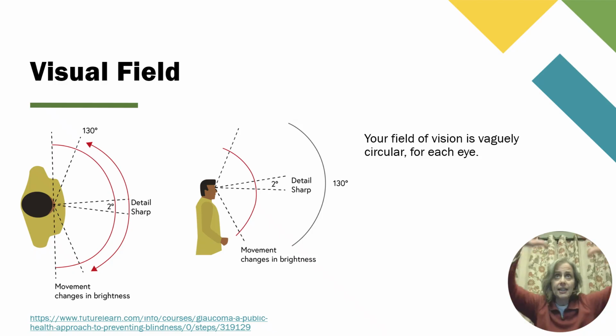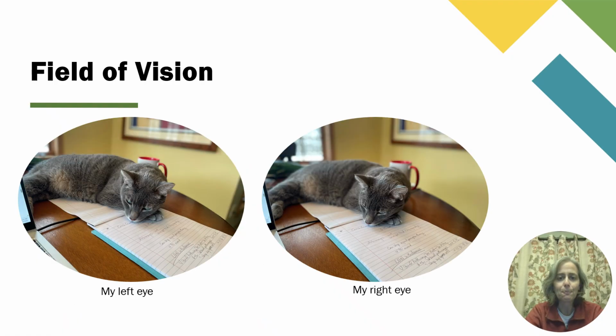What you're seeing is actually kind of a circle, because you can see a certain amount this way and a certain amount this way, which is what this diagram is showing you. The things you're looking directly at are the things you see in very sharp detail, because that's where those light rays are hitting your fovea, where you have all those cones. But your field of vision is actually kind of circular.